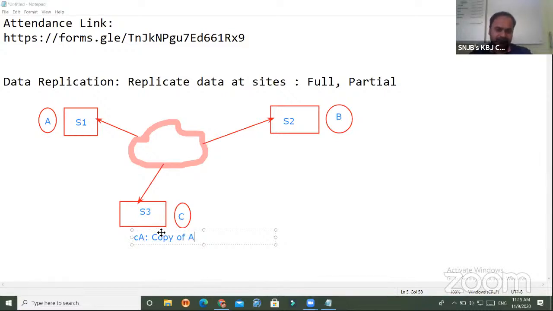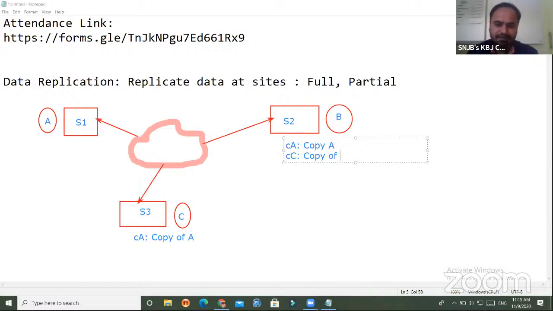It is available here, as well as at a different location also. So CA, that is the copy of A, is also available here. Now with this, a copy of C will also be available, so CC will be available here.